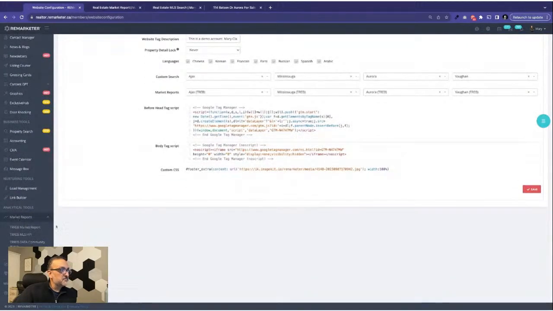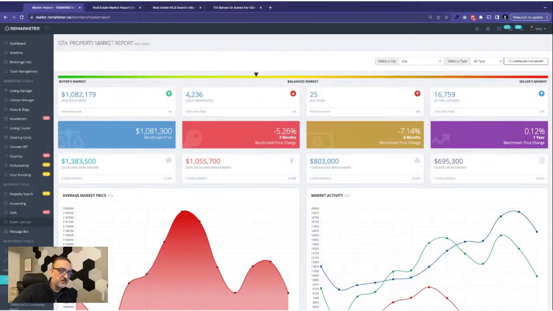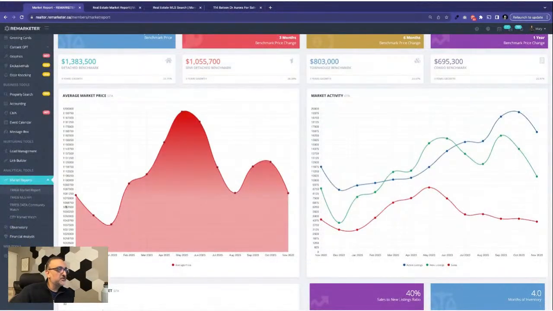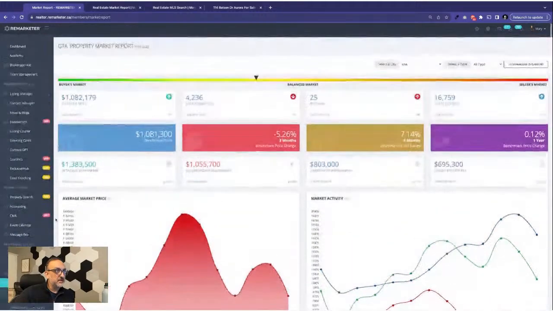This is the main module that you're going to use in order to generate any kind of market analysis or statistical information. I'll start off with the TRREB market report. These are the market reports provided by the Toronto Real Estate Board, which you can use to analyze your market statistics. There are other elements here as well that I will explain.